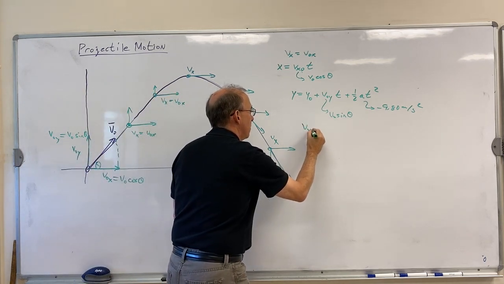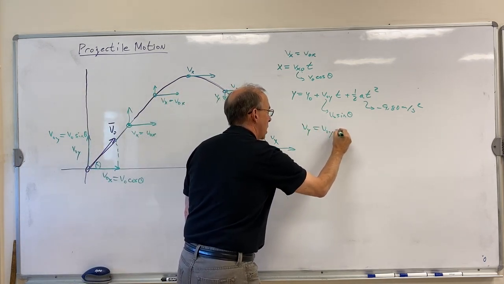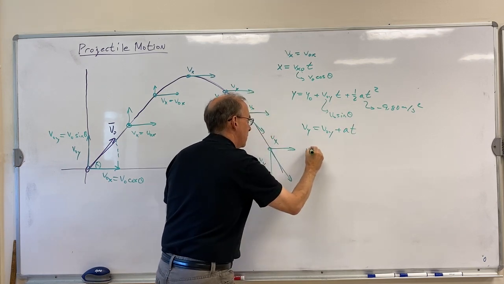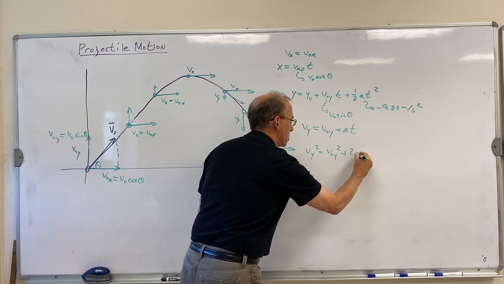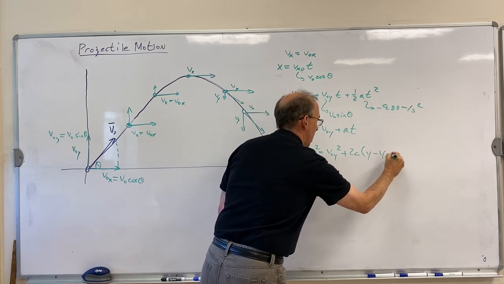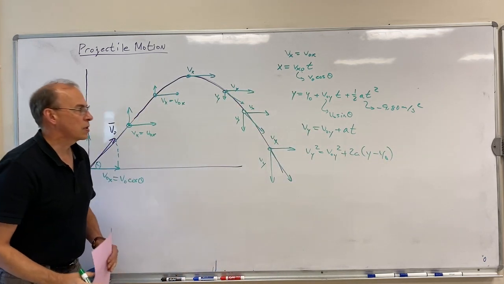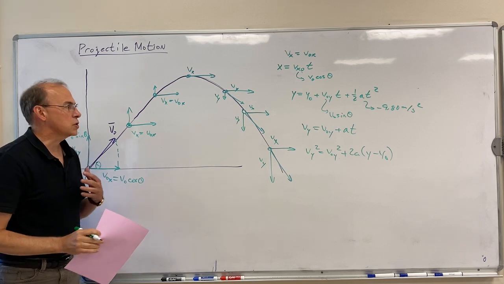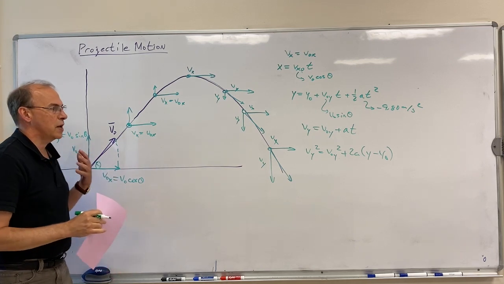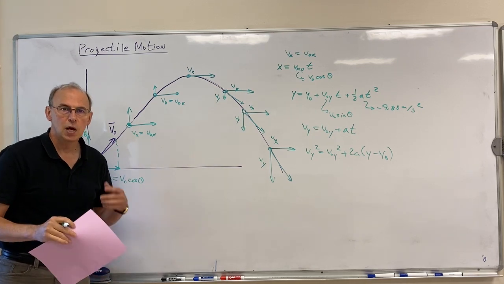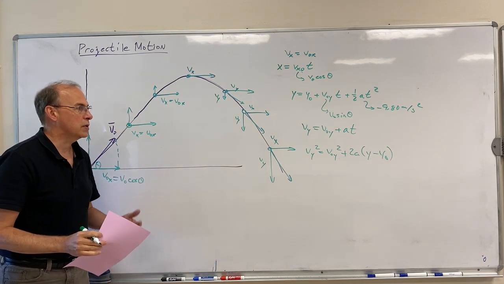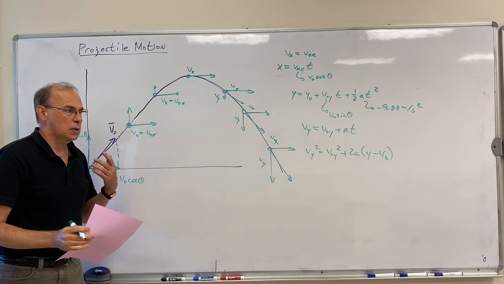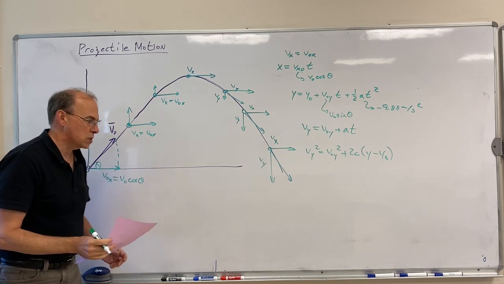And similarly, vy is v naught y plus at, and vy squared is v naught y squared plus 2a(y minus y naught). So those are our equations for projectile motion when you have something fired in 2 dimensions, recognizing gravity can accelerate things up and down, but it cannot affect things left-right, cannot affect things horizontally.